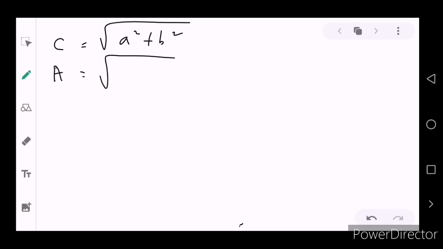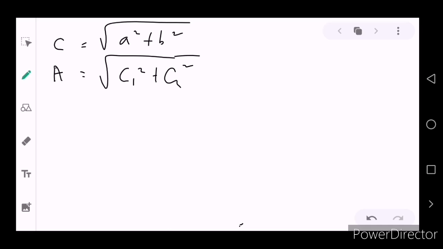Kasi, sabi nga natin, it's always the positive value. So, di ba ang resultant formula ay C squared is equal to A squared plus B squared. Or, C is equal to the square root of A squared plus B squared. So, in this case, amplitude is equal to the square root of C1 squared plus C2 squared.